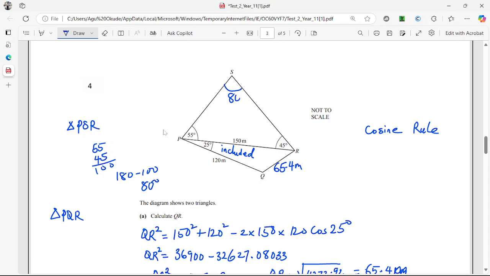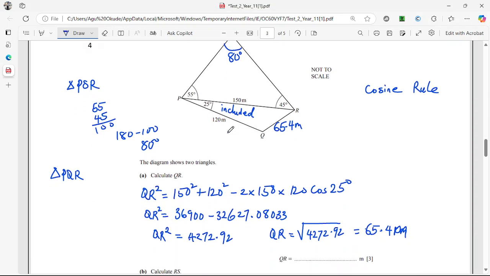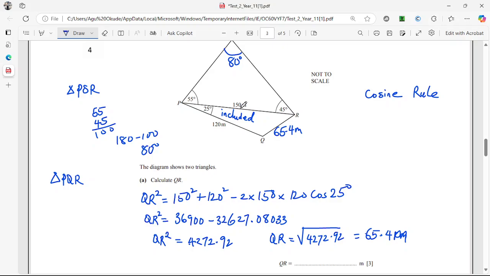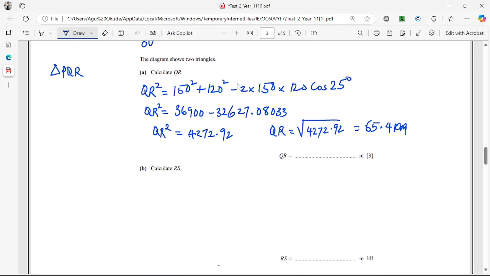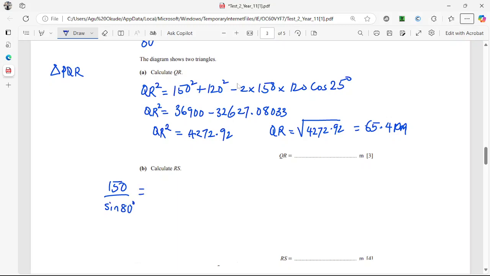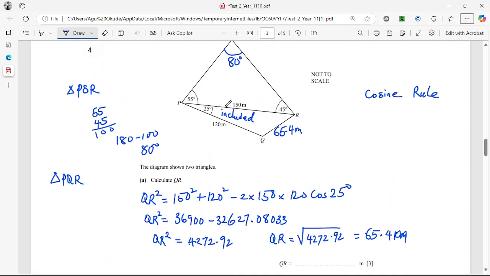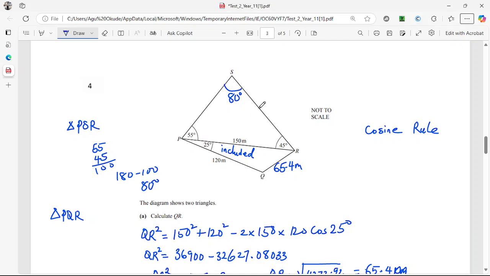This is 80 degrees. Now I'm going to apply the sine rule. So I have 150 over sine 80, because 150 is opposite the 80 degree angle. So 150 over sine 80 degrees is equal to RX over sine 55, because RX is opposite that angle.